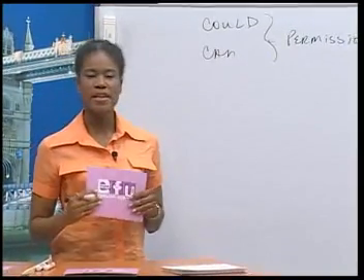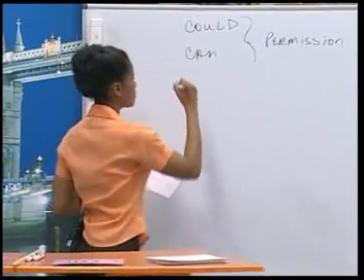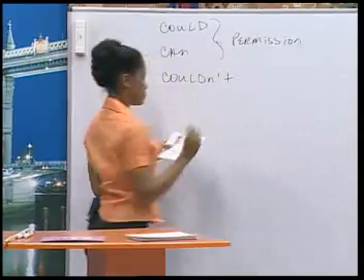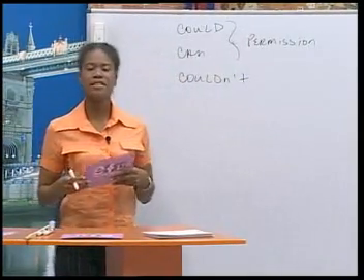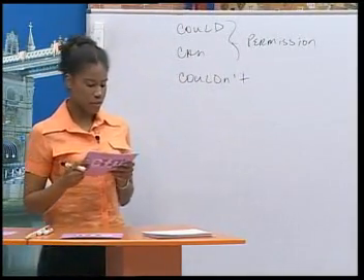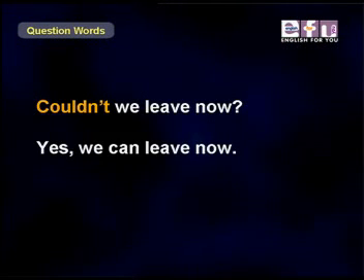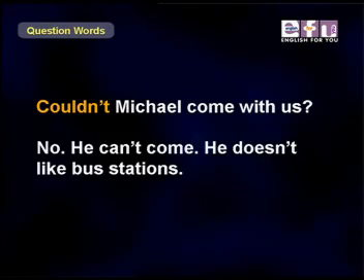There is also a negative form of could, which is couldn't. Okay, look at some more examples. Couldn't we leave now? Yes, we can leave now. Next example. Couldn't Michael come with us? No, he can't come. He doesn't like bus stations.